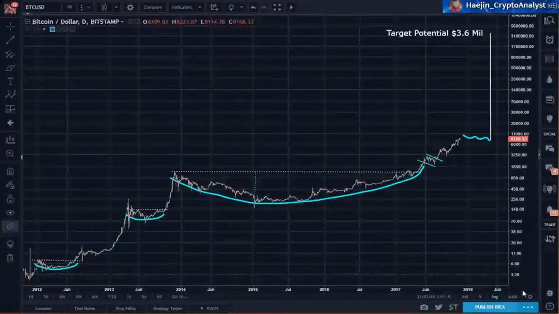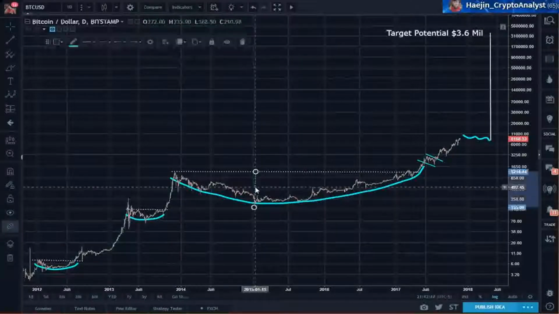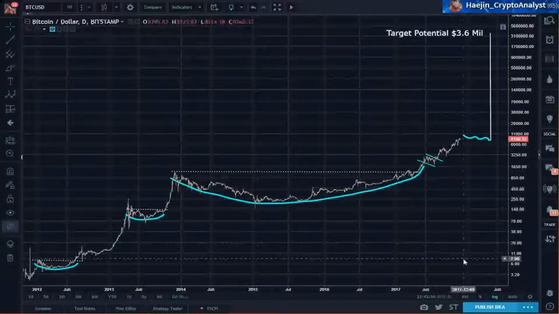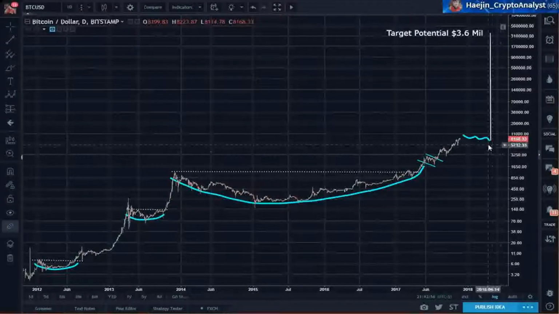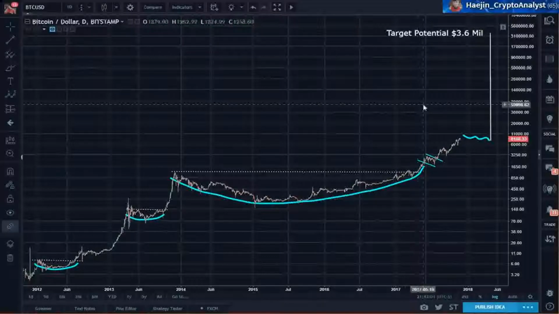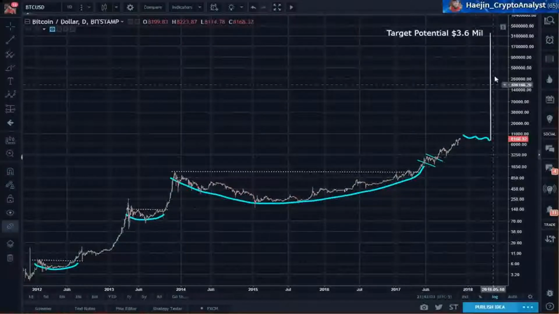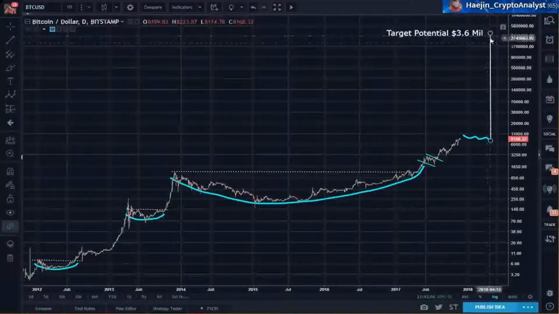Everyone's been calling for a top on Bitcoin consistently. Now, I'm not saying this vertical is instantaneous. This could take a year or so.